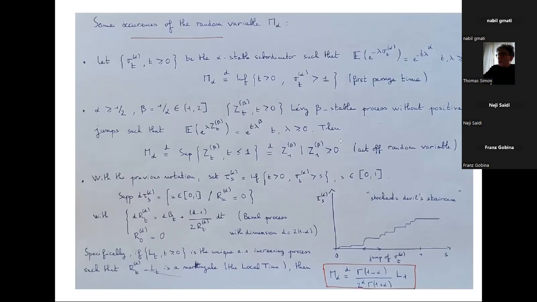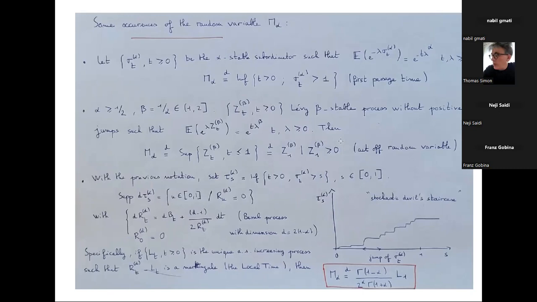But what is interesting is that if you consider the points of increase of this stable staircase, then this is also distributed as the zeros of a Bessel process with a certain index, which is d equals 2 times 1 minus alpha.